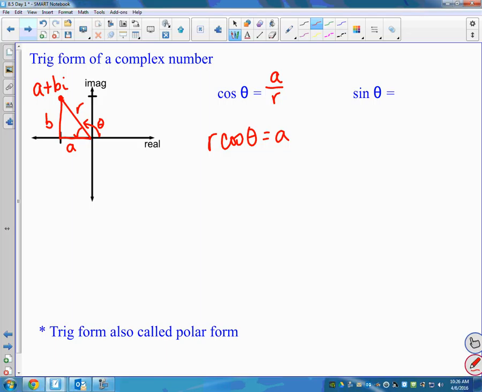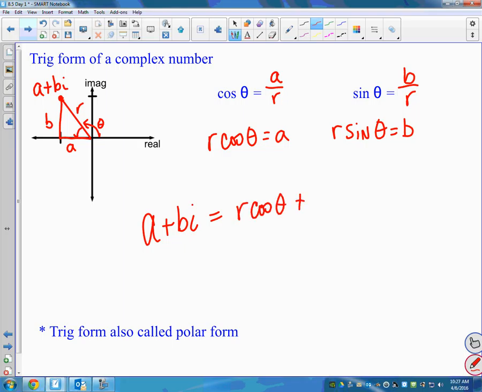And sine would be b over r, which is the same as saying r sine of theta equals b. So for every complex number a plus bi, you could rewrite that in trig form by saying r cosine of theta plus, I always put the i in front, i times r sine of theta.